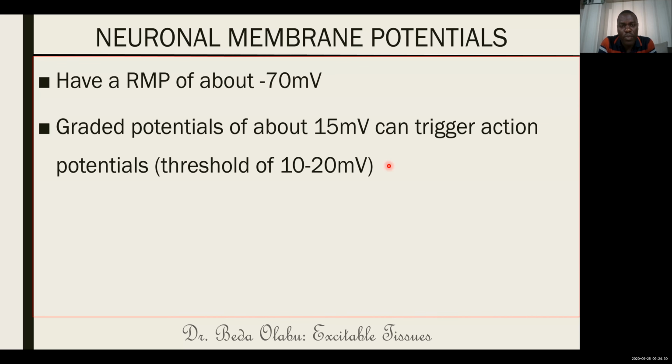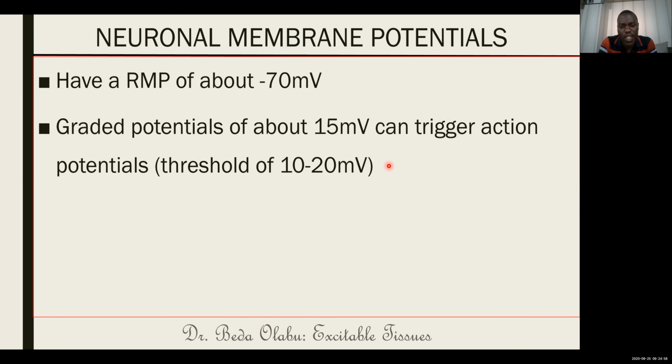So if the membrane potential is at minus 70, and you have a disturbance that makes it go to, let's say, minus 61, that will not generate an action potential. If you have a disturbance that at least shifts it by about 20 millivolts, that will definitely generate action potentials.